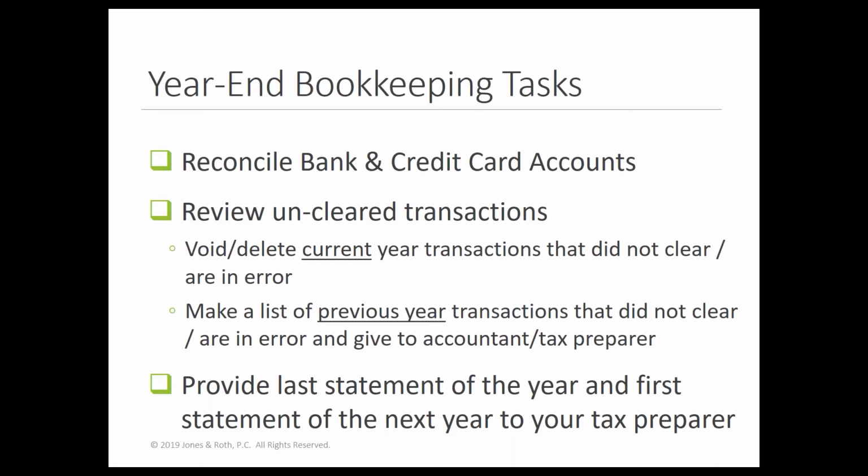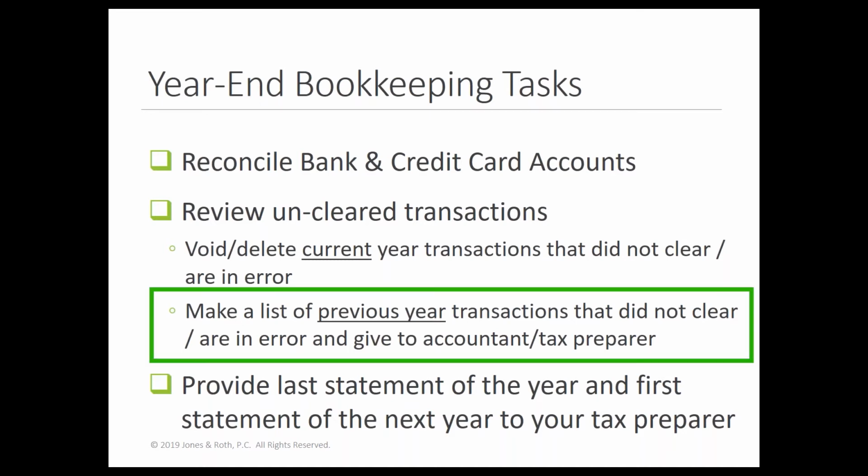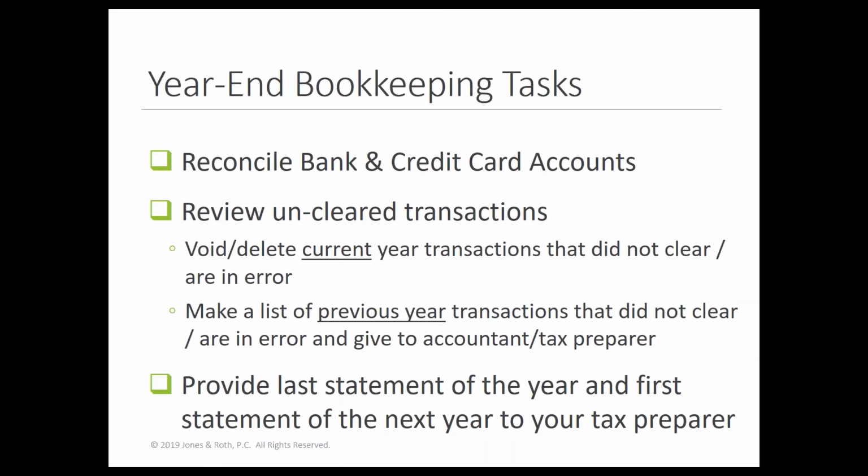You can delete or void uncleared checks or deposits that are not valid if they are in the current year. However, and this is very important to note, if the invalid transaction that you wish to delete or void is in the prior year, please do not delete or void it. Instead, make a list of these transactions and send them to your accountant with an explanation as to why they should be removed from the books.